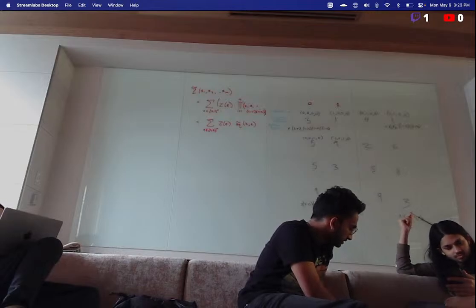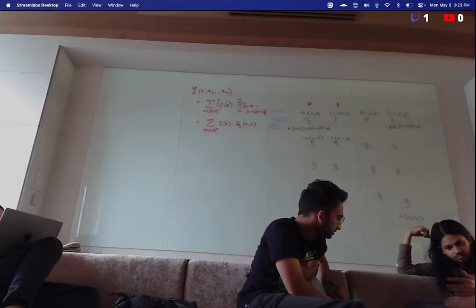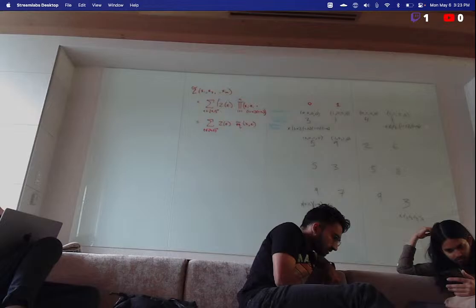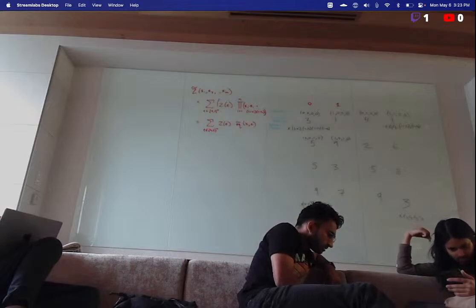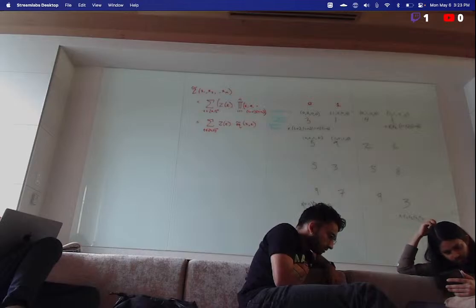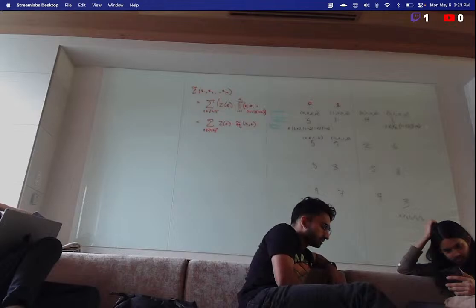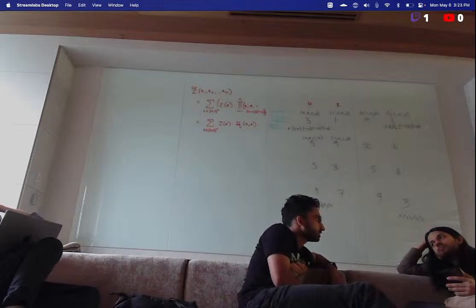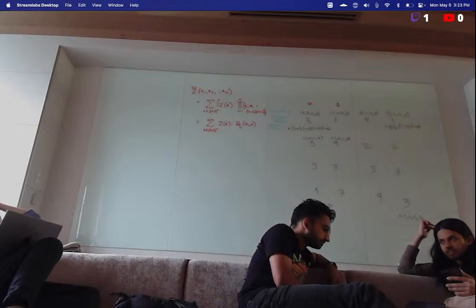I actually don't have a good sense of what makes something irreducible. I guess it's just that its roots are not in F2, so you can't reduce it to within F2. Sorry, what's F2?